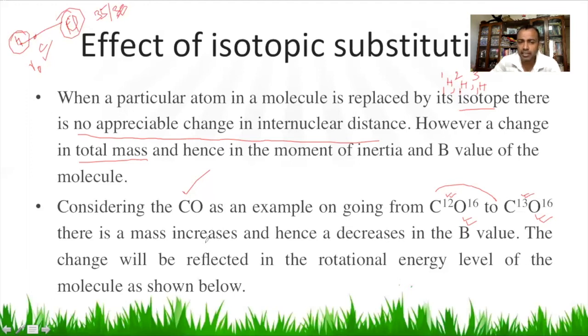If the mass increases, the value of B will decrease, as we have already seen that B equals h divided by 8π²cI. So the B value will be decreased. We have already shown that B is inversely proportional to mass. So a change of B leads to a change in rotational energy too.